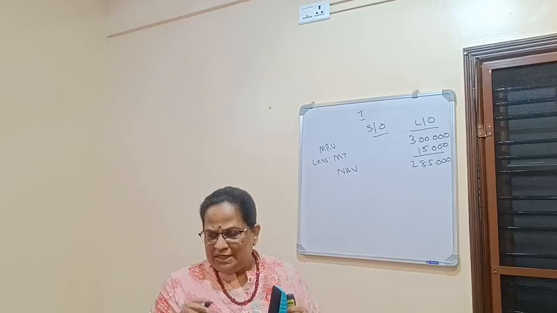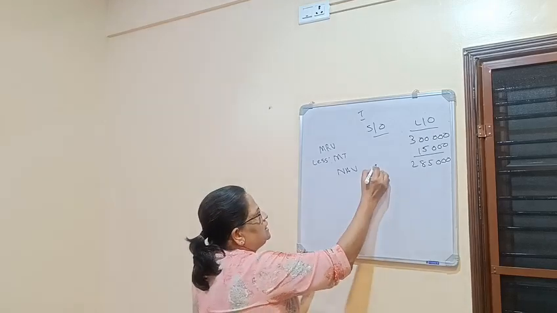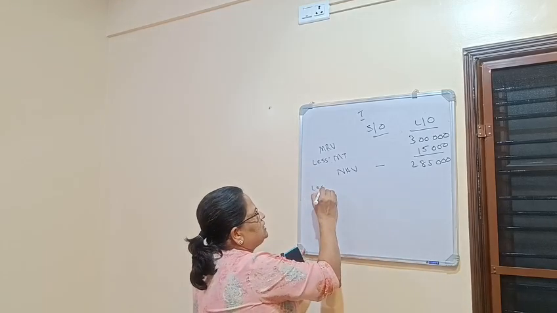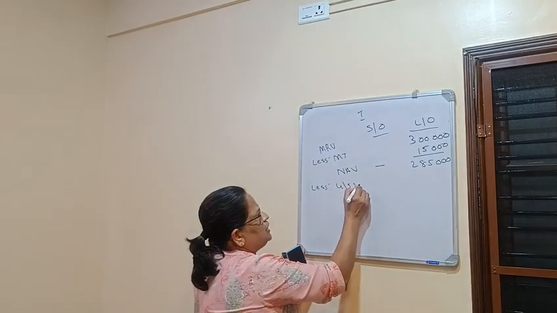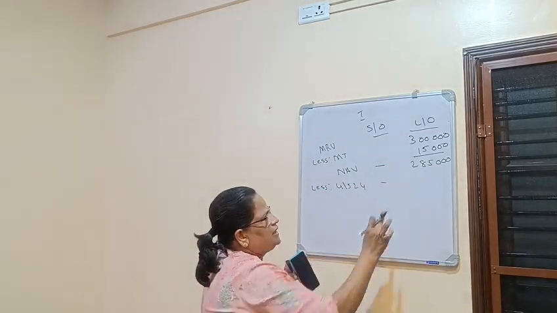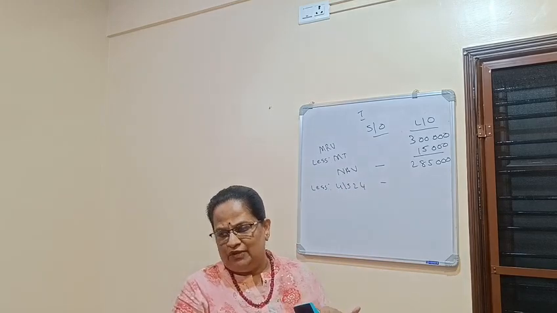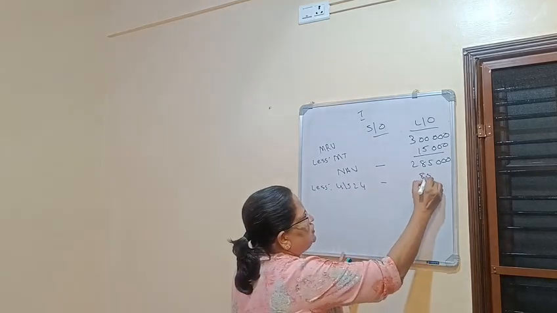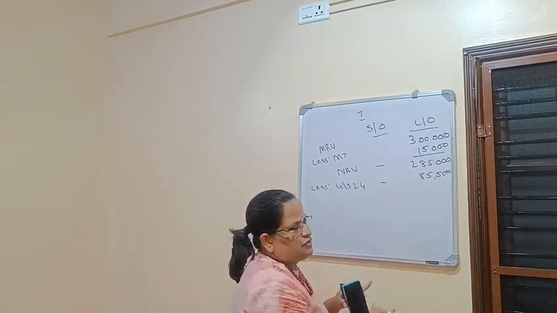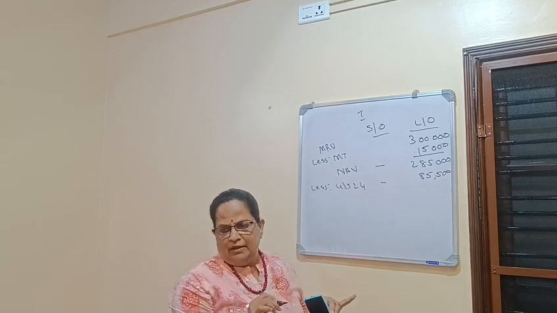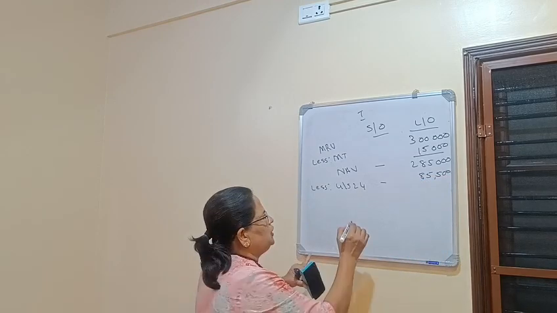2,85,000. Now less standard deduction. Here self-occupied house property nil. Less standard deduction under section 24. Here it is not allowed. Here it is 30% of 2,85,000. It is 85,500. Now interest on loan.